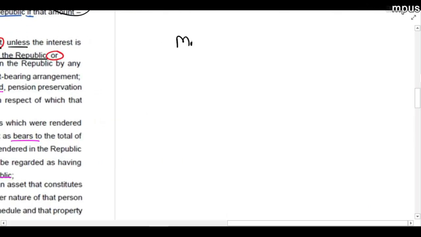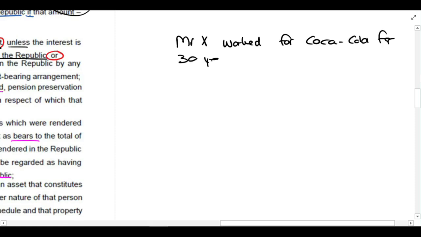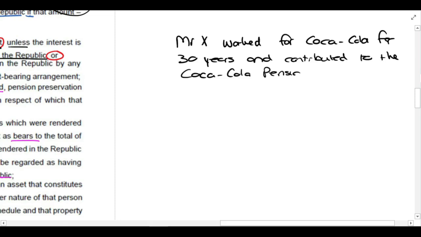Okay, so let's say here, Mr. X worked for Coca-Cola for 30 years and contributed to the Coca-Cola pension fund.